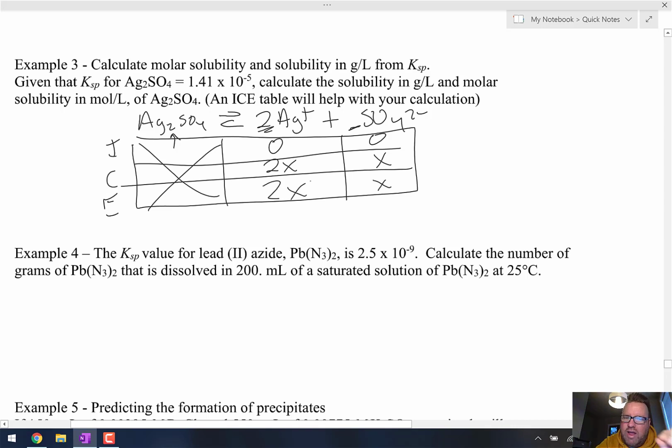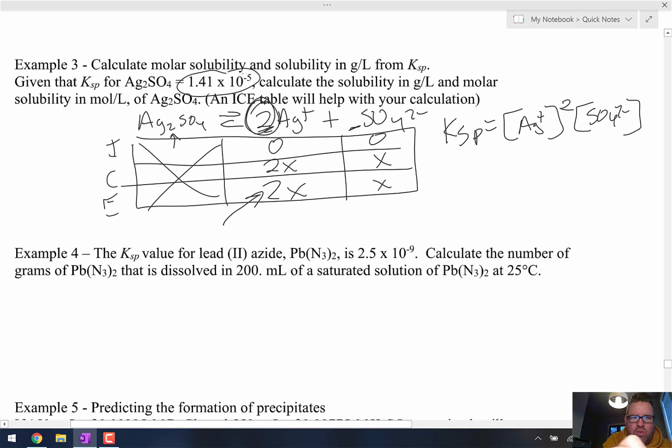Now, here's where you really got to be careful with that 2, because this 2 in that Ag plus, you're going to see it pop up twice. It pops up here in the 2X, but then think about the KSP expression. The KSP is going to equal the concentration of Ag plus squared times the concentration of SO4 2 minus. Okay, and we know the KSP is 1.41 times 10 to the minus 5th, and that's going to equal, notice our 2x again.